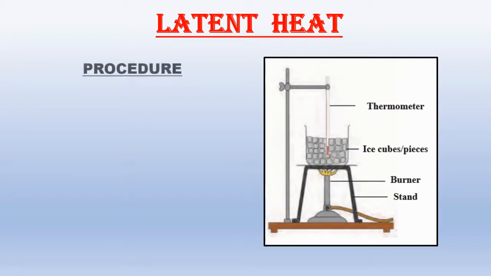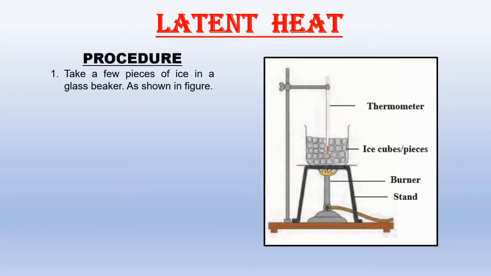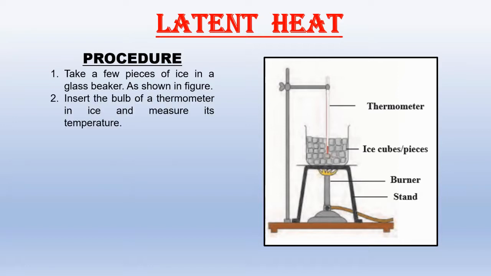Let us understand the procedure. How are we going to carry out this experiment? The first point is, take a few pieces of ice in a glass beaker as shown in the figure. Then insert the bulb of a thermometer in the ice and measure its temperature.